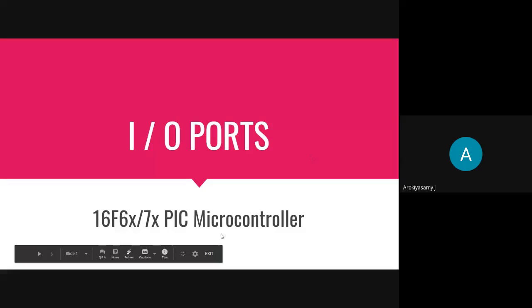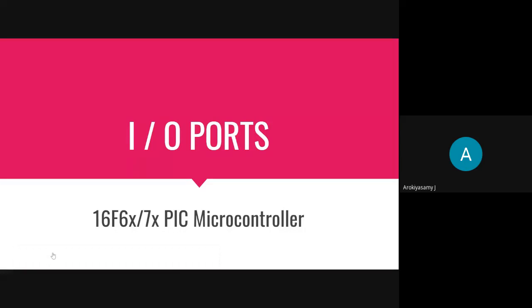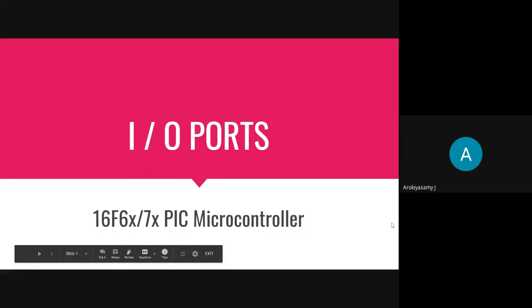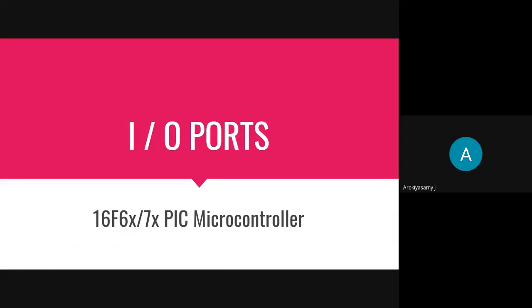Here we have 5 built-in I/O ports. 16F, 6X, 7X family microcontrollers possess 5 I/O ports in their chip. These I/O ports are very essential for communicating with the peripherals.